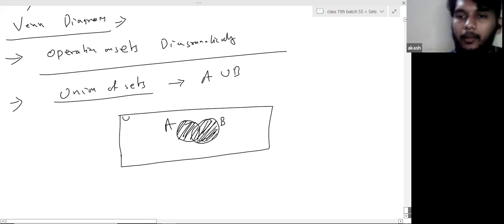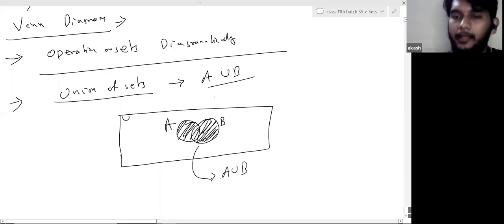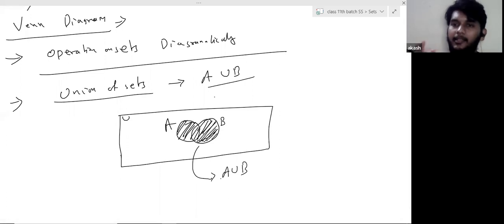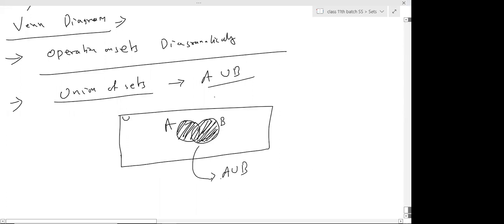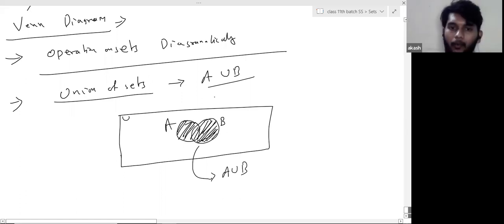All of those elements that are covered in this total area is called A union B. Because we take all the elements in a single set, that is union. So this is the way to represent A union B. You have to put together all the area covered by A and B.